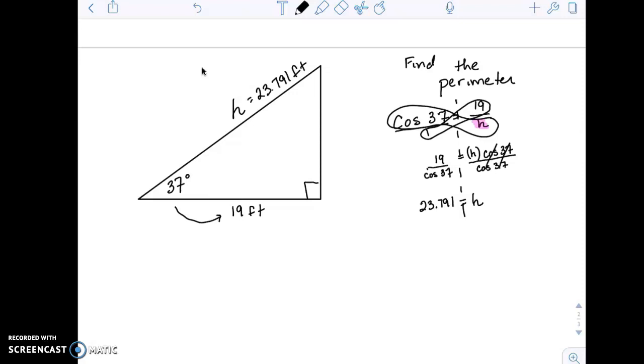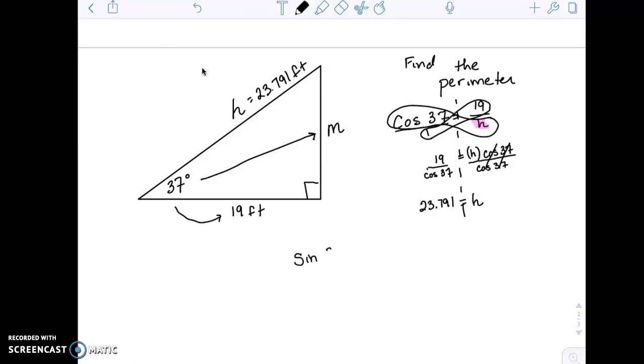So what can I use, trigonometric style, to find that missing side? And let's call this, I'm going to call it M for missing. What ratio would I use if I'm going to use M and 19? Is that sine, cosine, or tangent?